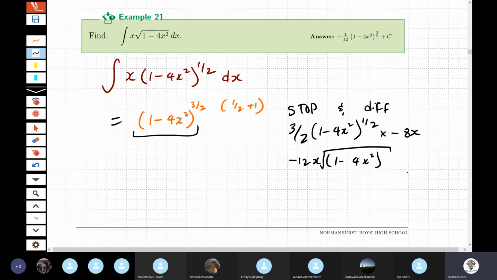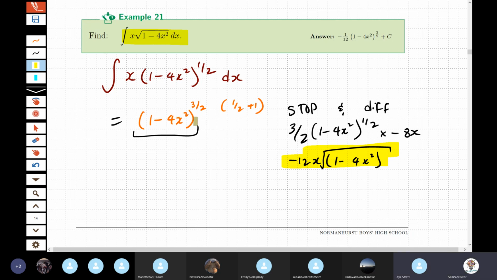You're okay with that? Now, again, compare this to what it should have been. We have an extra negative 12. So was the orange part that I've written just now correct?